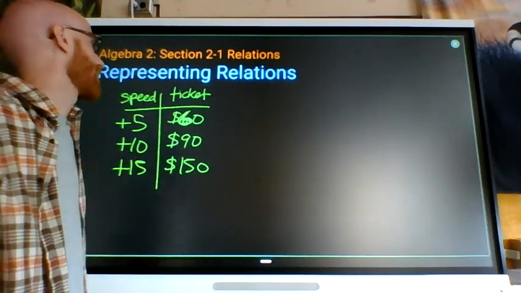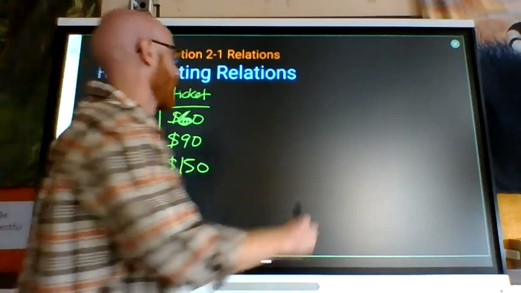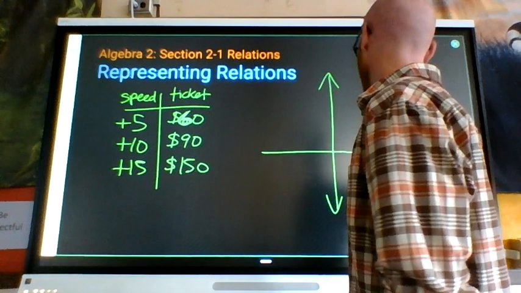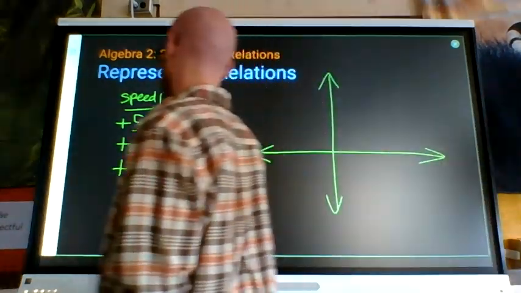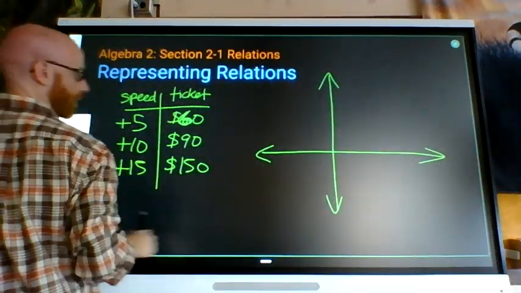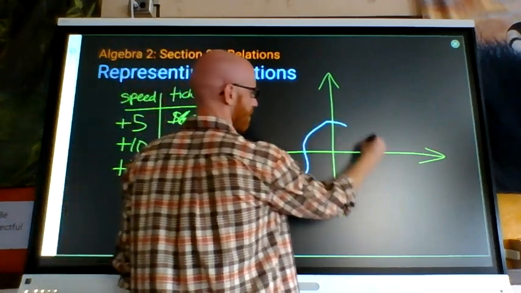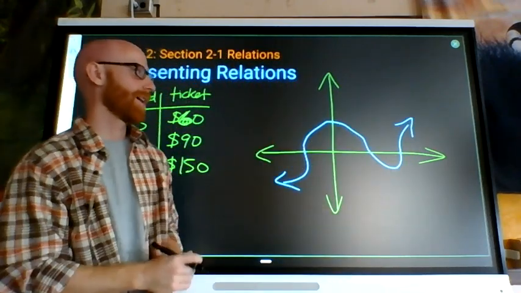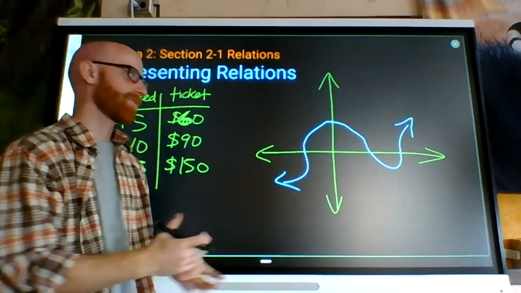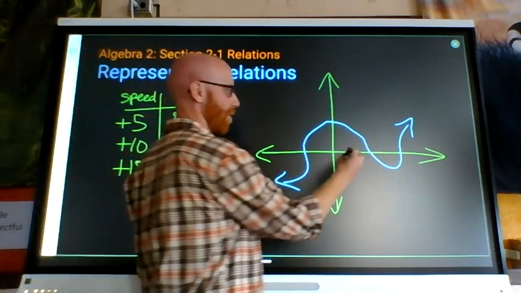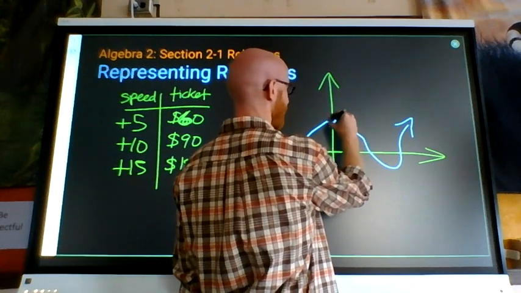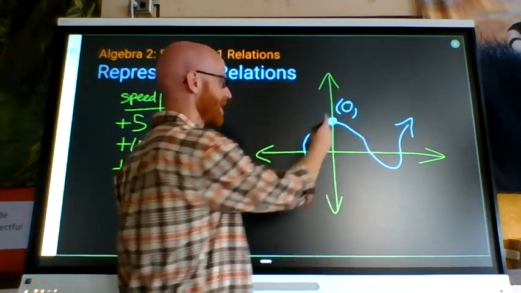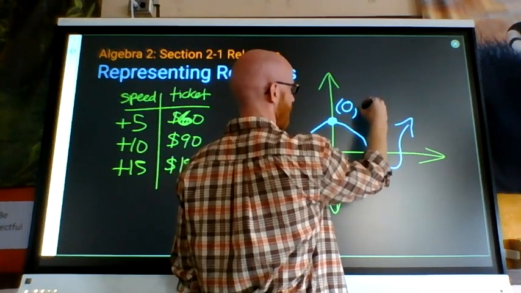Another way that we can show a relationship between two different sets is to use a graph. If we had this, that would show a relation between x values and y values. So we would know that when x is 0, y is 12.